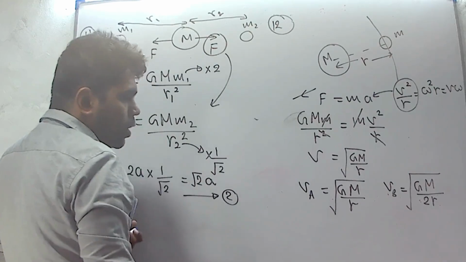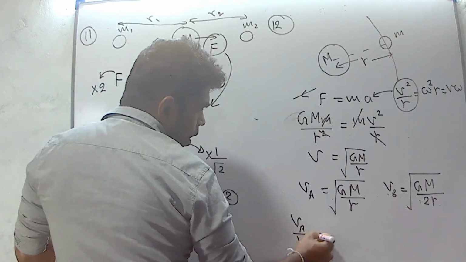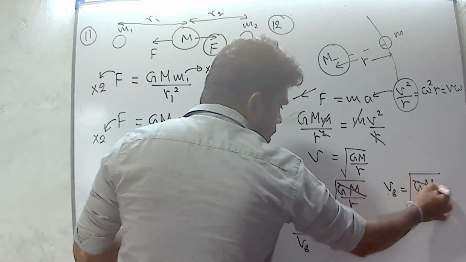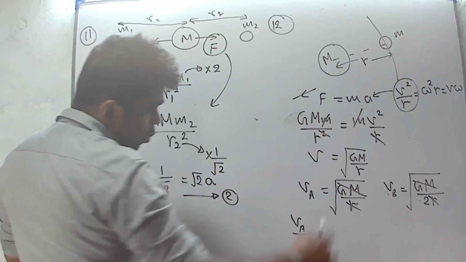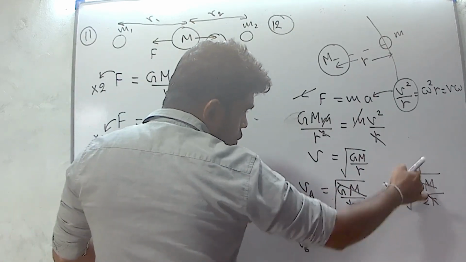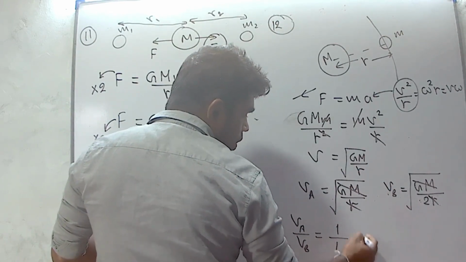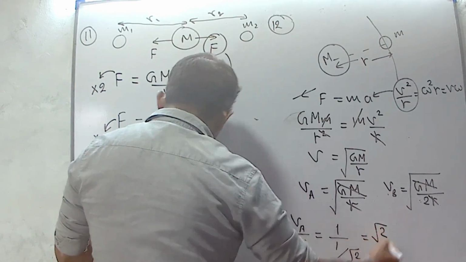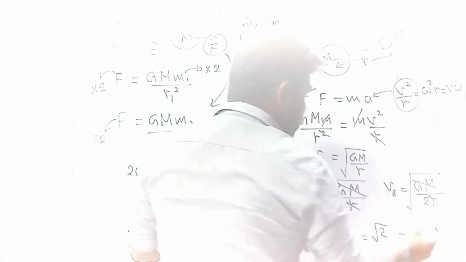Now we can divide both equations. VA divided by VB equals, GM is cancelling, R term cancelling, then 1 over root 2, 1 divided by 1 over root 2. Then we get root 2. The answer is 3 for question number 12.